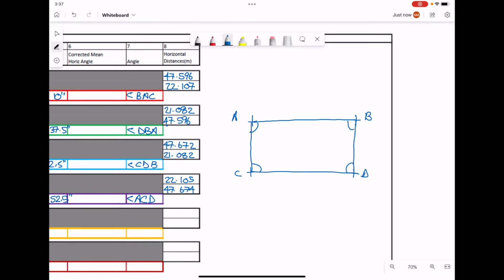For any traverse, the sum of the total angles is given by a simple formula of n minus 2 times 180, where n refers to the number of sides. In our case, we have 4 sides. 4 minus 2 gives you 2 times 180 gives you a total internal angle of 360 degrees.